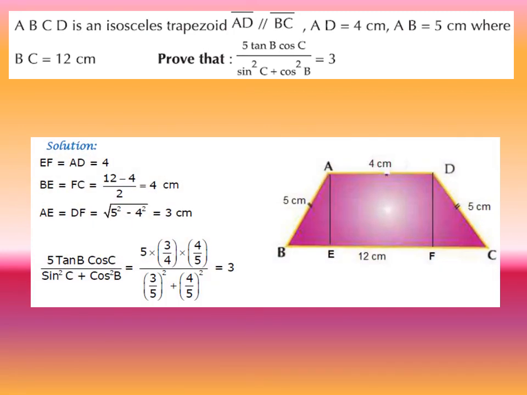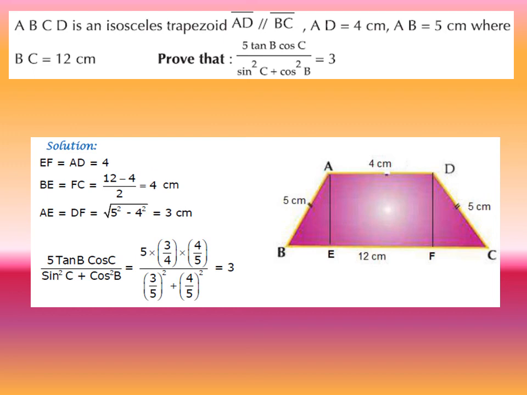Solution: EF equals AD equals 4 centimeters, because the figure ADFE is a rectangle, and we draw line segment DF and line segment AE perpendicular to line segment BC, and BE equals FC equals 12 minus 4 over 2 equals 4 centimeters, because triangle AEB is congruent to triangle DFC.